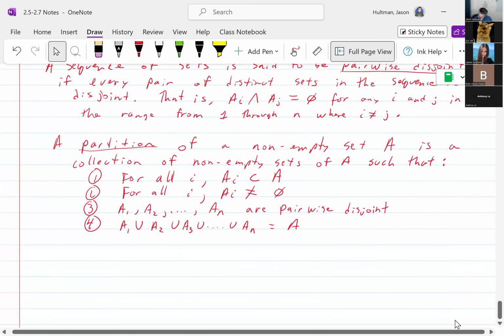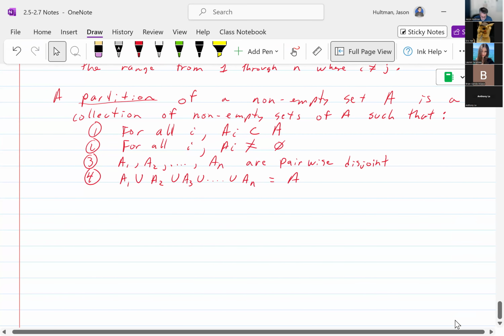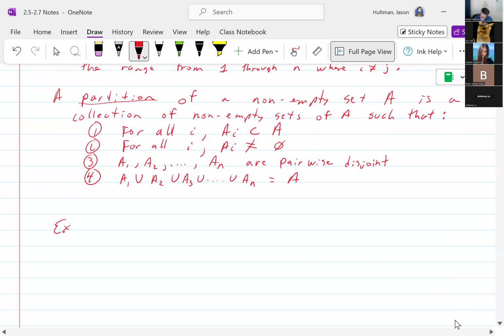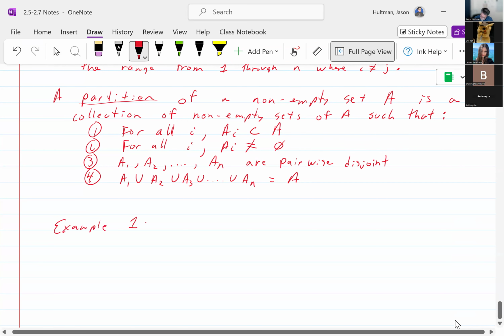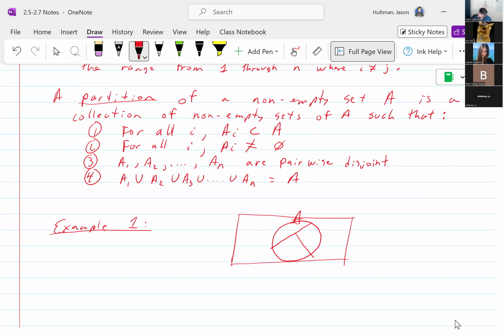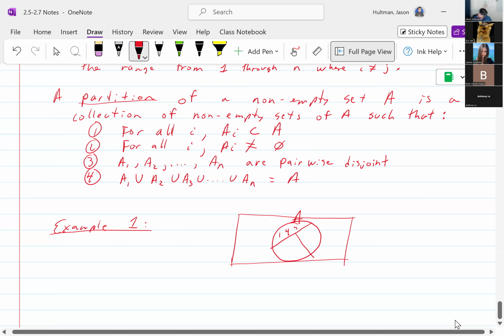So what does this look like? Let's do an example. If we have this set A and we want to separate it into different sets, we could say this partition contains elements 1, 4, and 5.